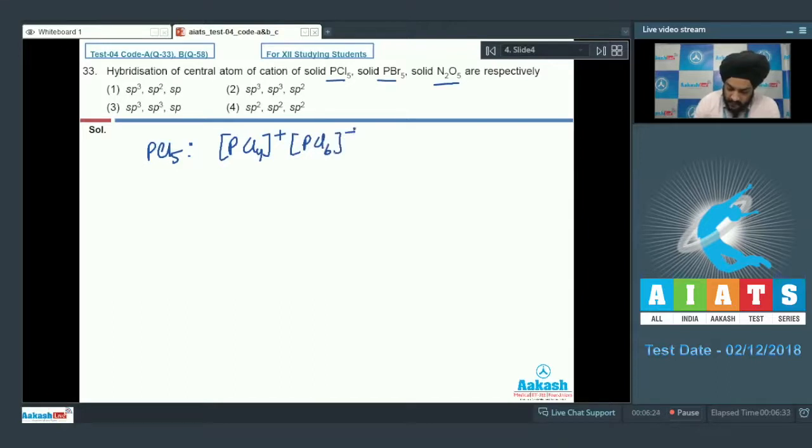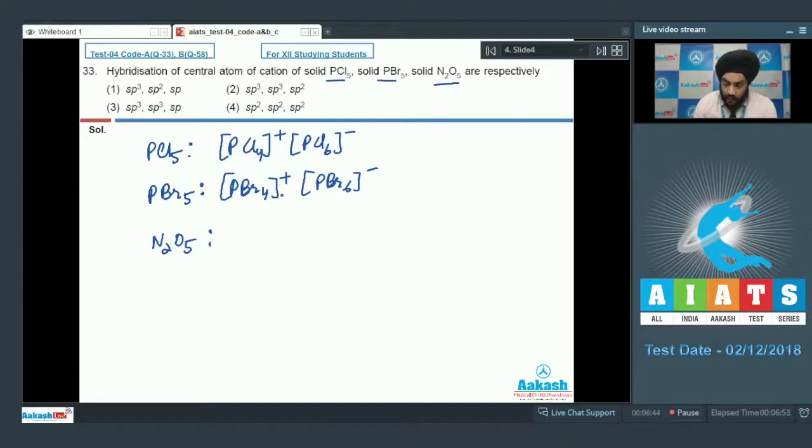If you talk about PBr5, it also exists in a similar fashion. So we have PBr4 positive and PBr6 negative. Lastly, if you look at N2O5, in the solid state, N2O5 exists as NO2 plus and NO3 minus.